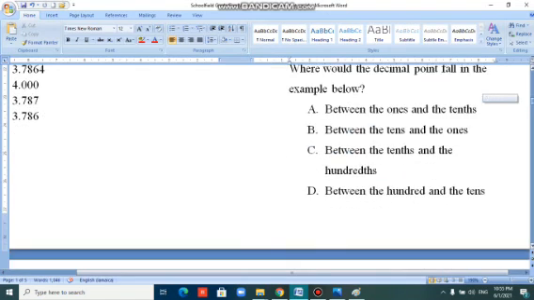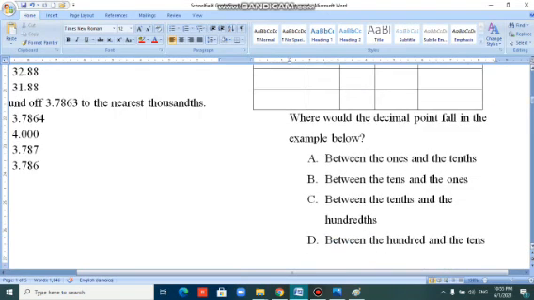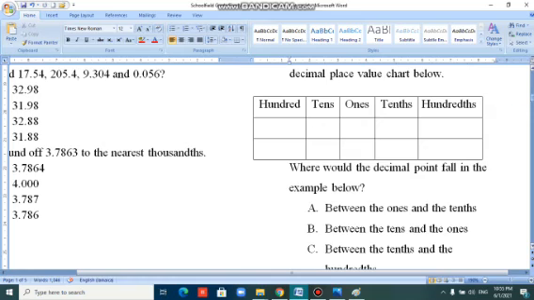Now it says, where would the decimal point fall in the example below? So the decimal point would fall between the what? Between the tens and the ones.